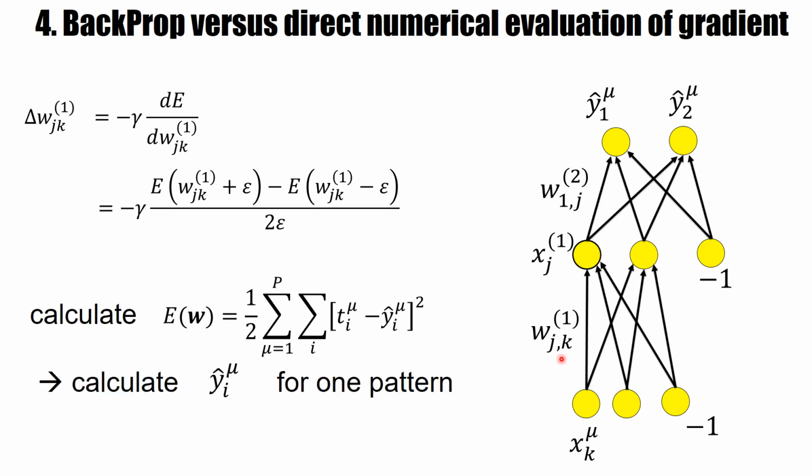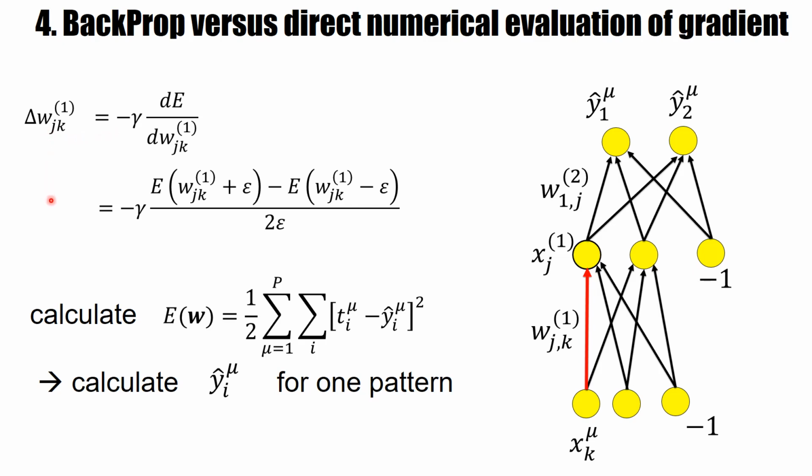Let's pick one of the weights, say this one here, and then we ask how much will the error change if I change this weight either a little bit upwards or a little bit downward. So this plus epsilon minus epsilon scheme is a stable approximation of the gradient, and this allows us to estimate what we want.